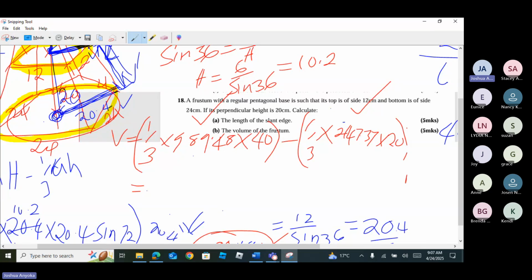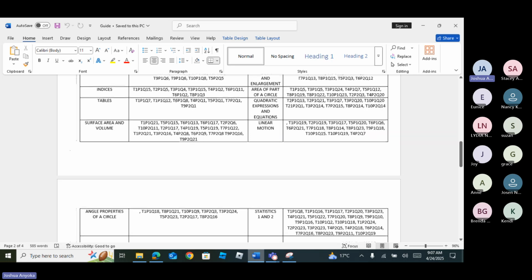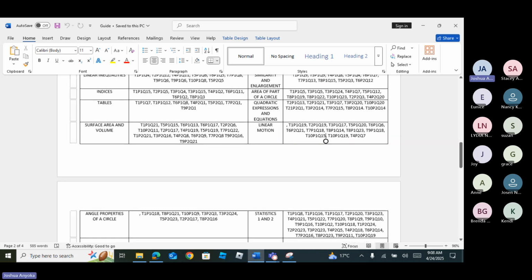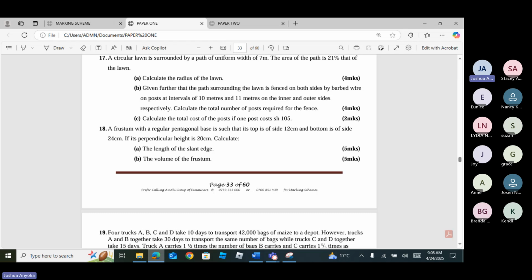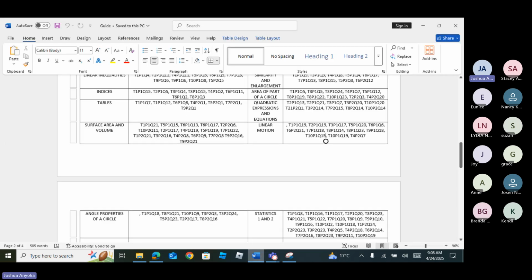Then at the meeting tomorrow, you can raise questions. I want now to give you one question to try. Trial paper, trial 4, paper 1, question 19. Let us check on that one.